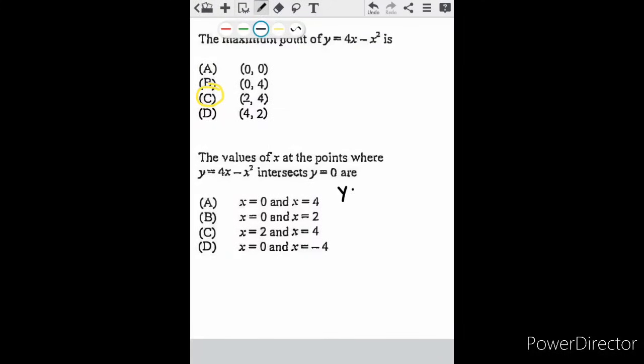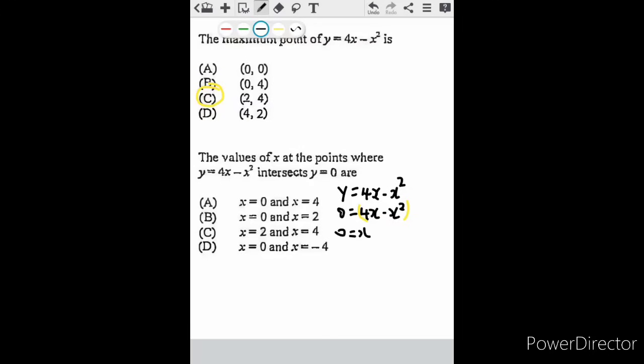So we need to find where y is equal to 0. So our equation is y is equal to 4x minus x squared. So when y is equal to 0, 4x minus x squared, we need to find the common number or expression inside of the brackets.